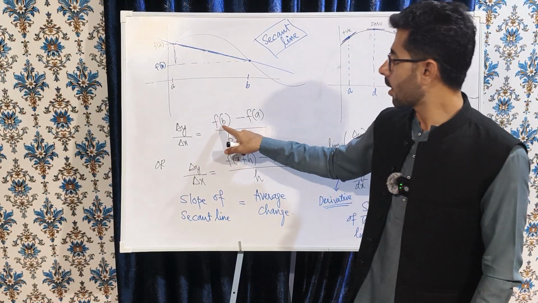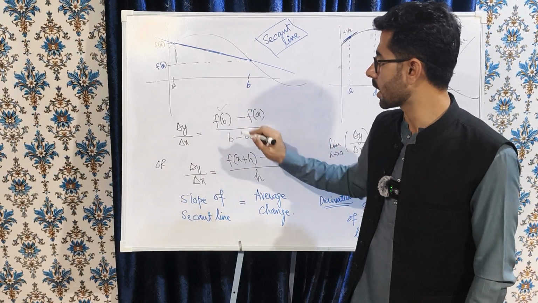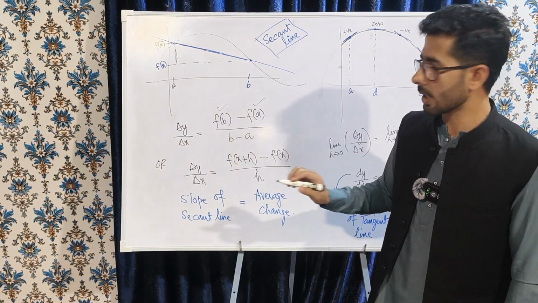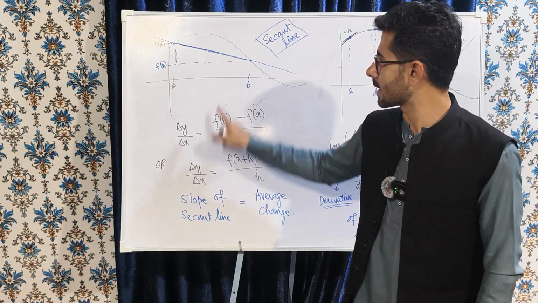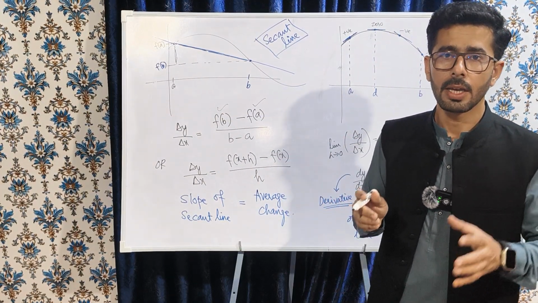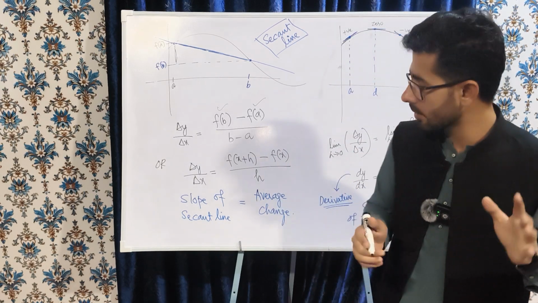In this case, I'm looking at these two differences: f of b minus f of a, that is, outputs at b location minus outputs at a, divided by b minus a. This way I'm looking at the slope of this secant line. This line is going down, that means the slope is negative, right?